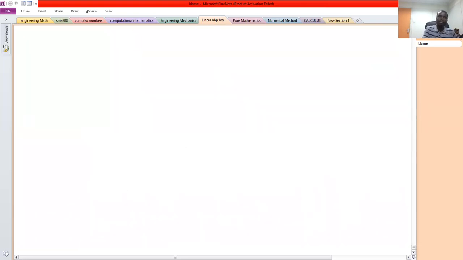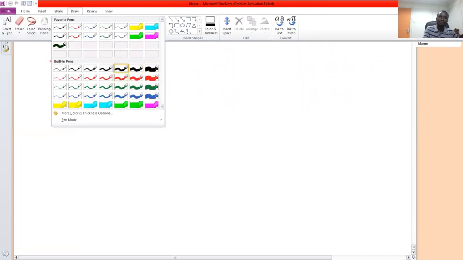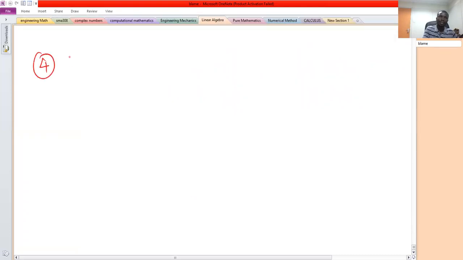Now, the fourth definition is what we call a square matrix. A square matrix is any matrix whose number of rows equals the number of columns.